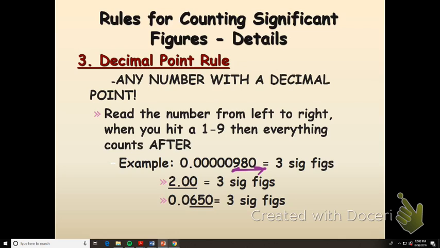That's why it's 3. While this number, I already hit the 2, so everything counted, and it's 3 again. And then this number, I don't hit a significant number until the 6, so that's why it's 3. Okay? That would be the decimal point rule. So remember the actions I taught you in class, that count with your fingers, sandwich, decimal point rule. The decimal point rule is always reading left to right.